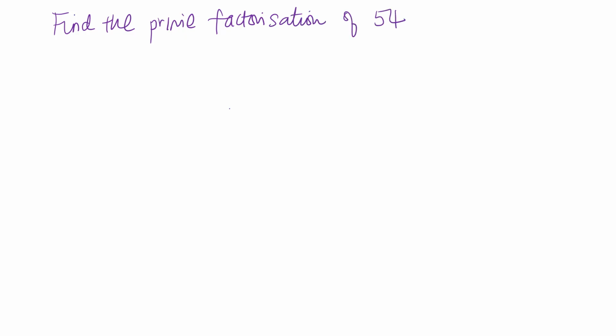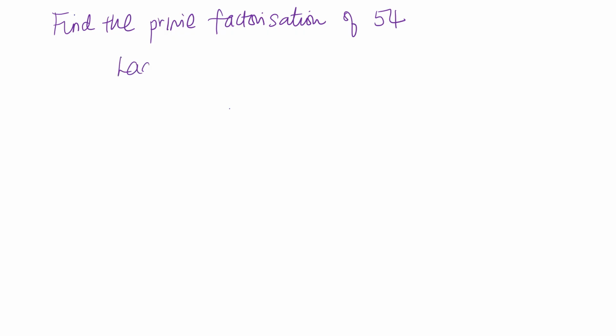Alright, the next part is we need to learn how to find the prime factorization of, let's say, the number 54. There are two methods you can use to find the prime factorization of this number.